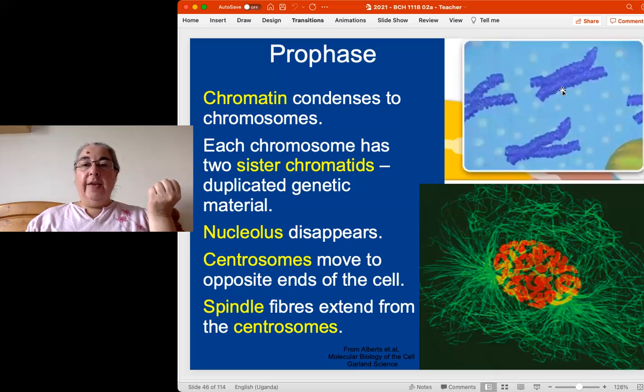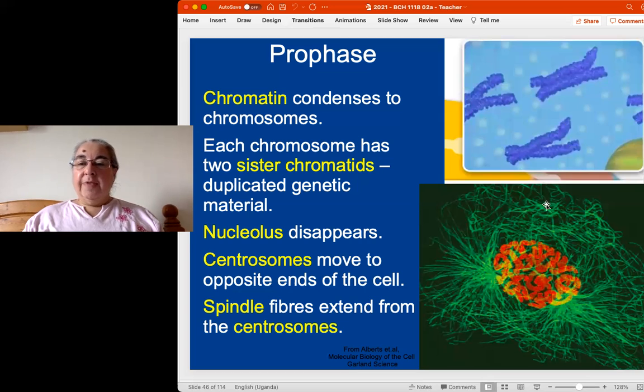This is only for cell division. And the other thing to notice is that each chromosome has two sister chromatids. Each one is a copy of the same genetic material, the same DNA instructions joined together in the center.